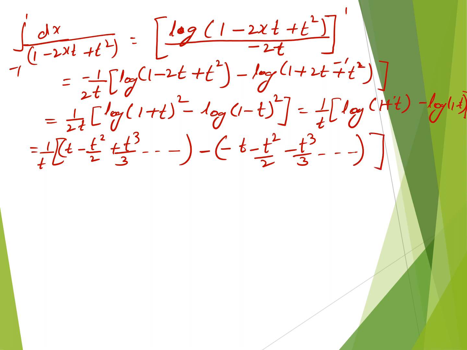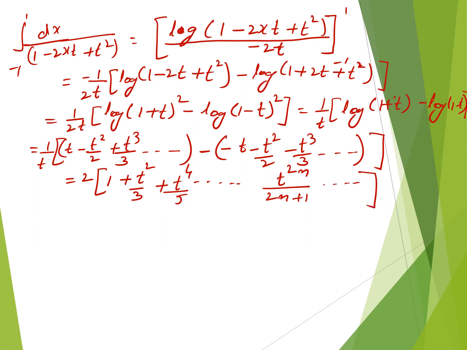Now the final term we receive is 2 into (1 plus t square by 3 plus t to the power 4 by 5 and so on), and the nth term is t to the power 2n over 2n plus 1 and so on. We just focus on this term, t to the power 2n plus 1.